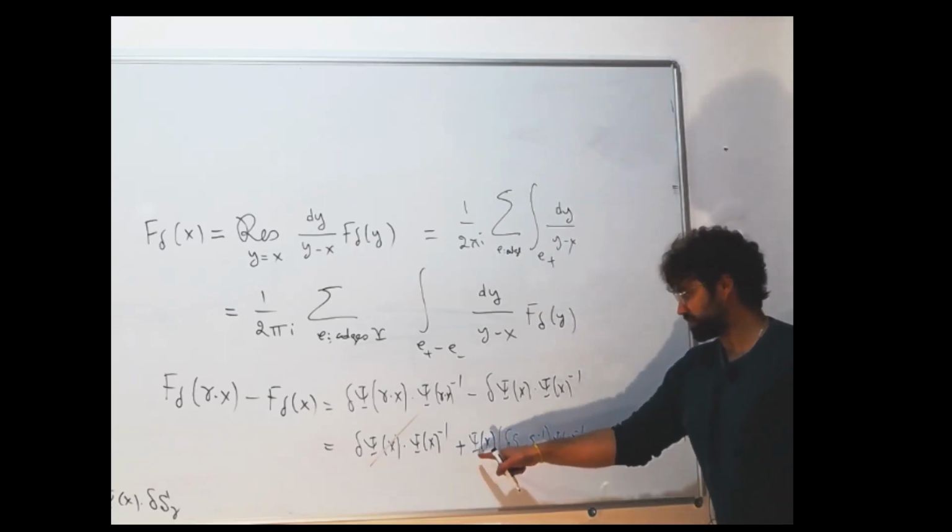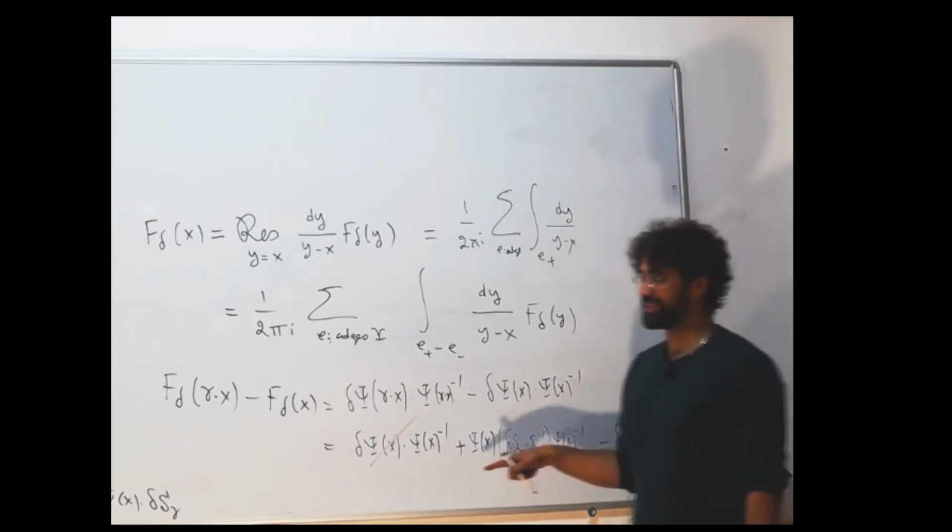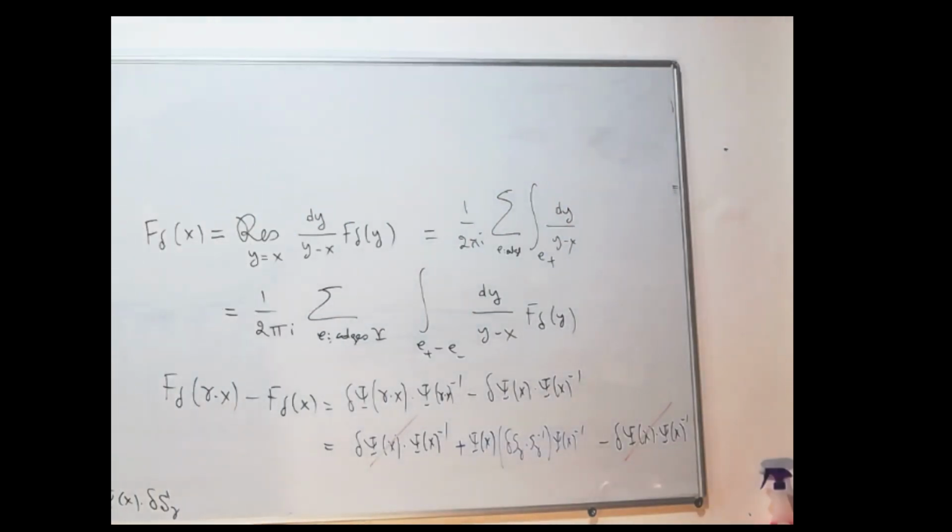So psi of x something psi of x inverse, but this is m, right? We had this m here, y dot e. This was psi of y e psi of y inverse.